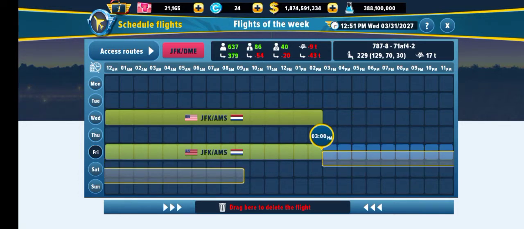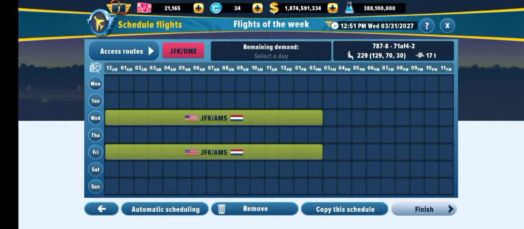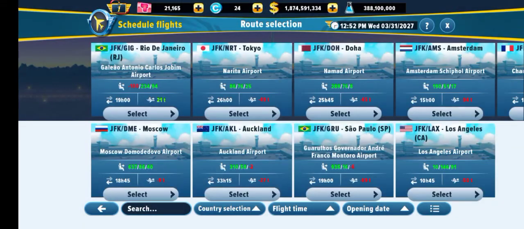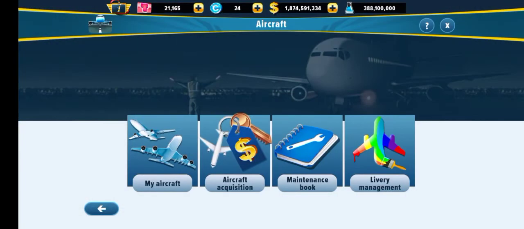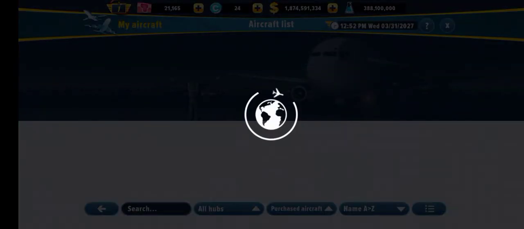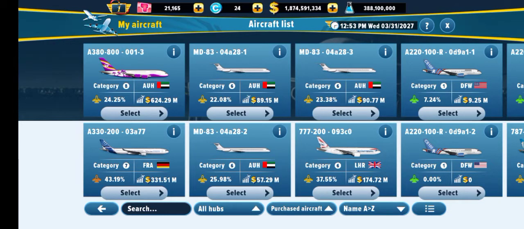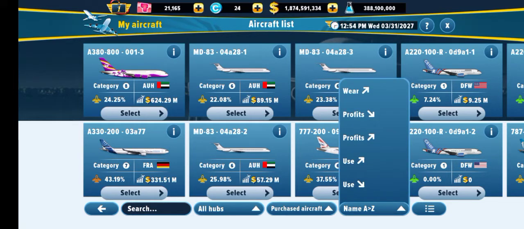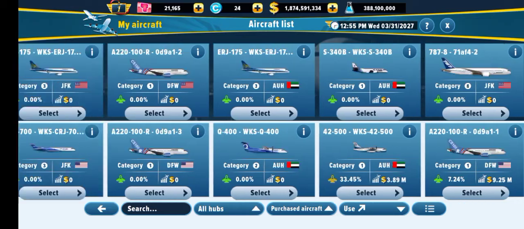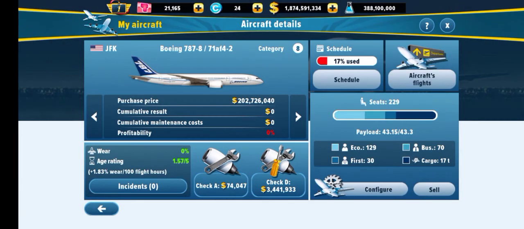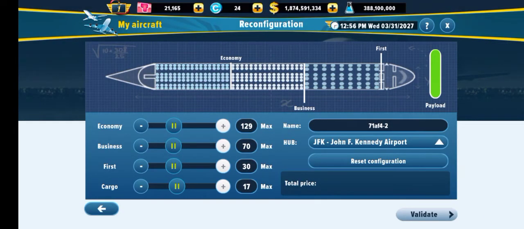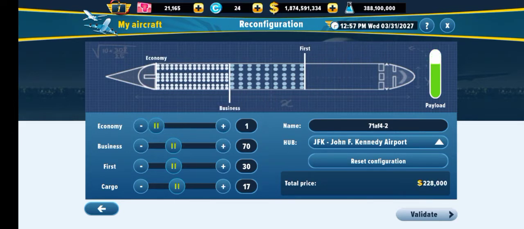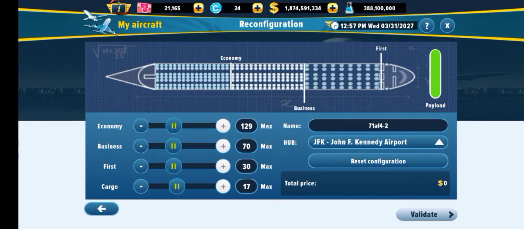So if you don't really want to buy another aircraft for this route, what I would suggest is to simply go back and go to the aircraft, and once you get to the aircraft, as you can see, you can press configure, and now you can basically just do the same thing that you could do when you were purchasing the aircraft.